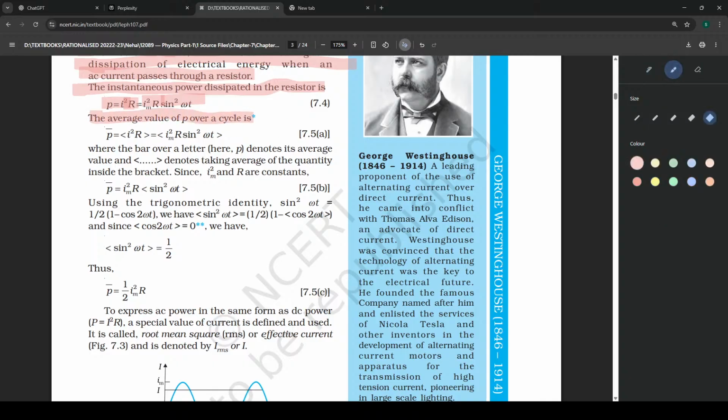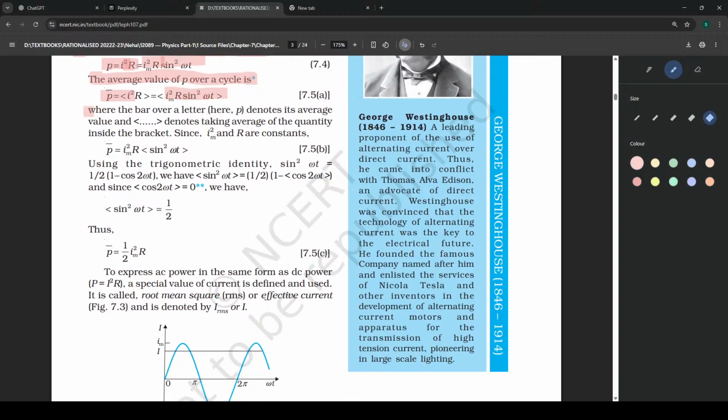The average value of P over a cycle. P, which is equal to I square R or Im square R sine square omega t, is the power dissipated, where the bar over the letter P denotes its average value, because power dissipated will not be uniform in an AC circuit.